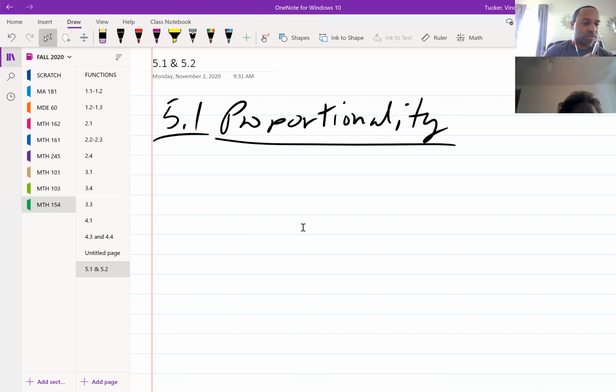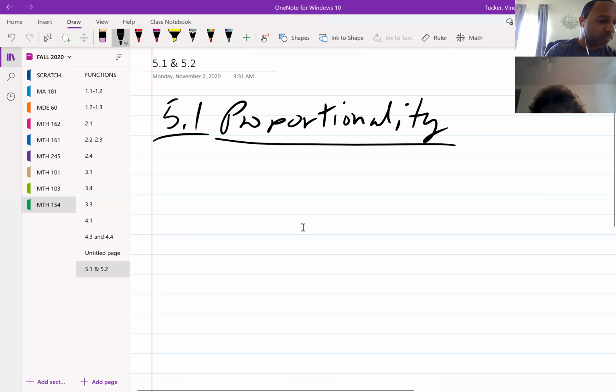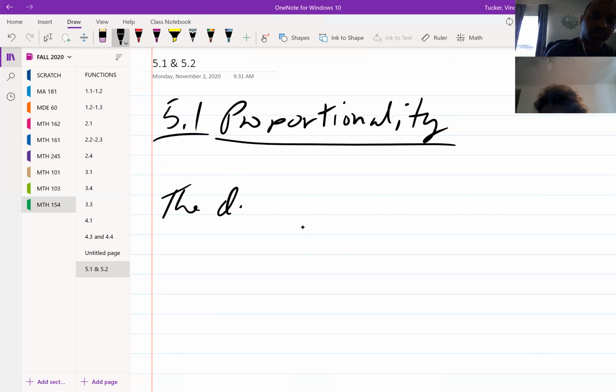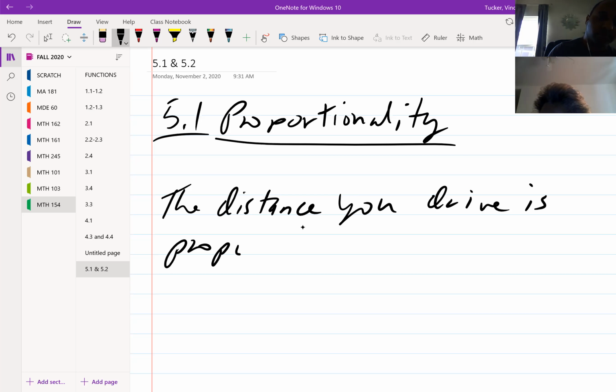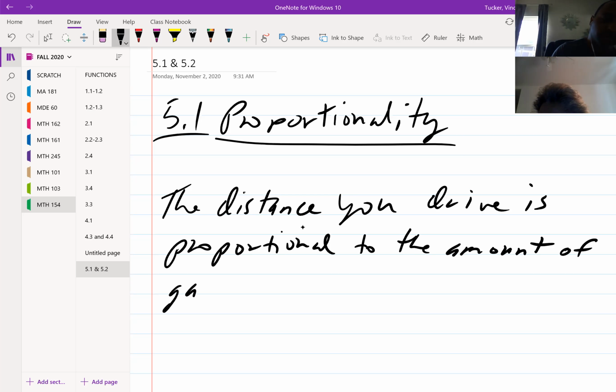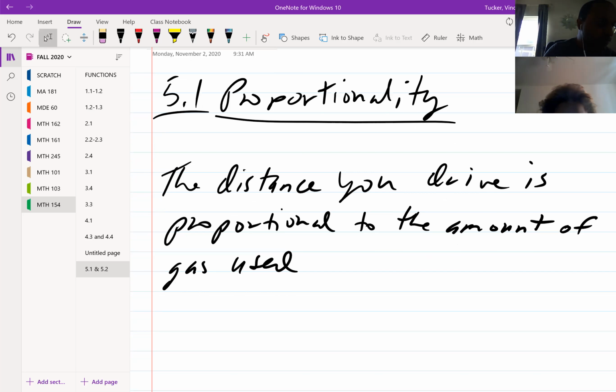All right, so yeah, I'm in the right section. 154.